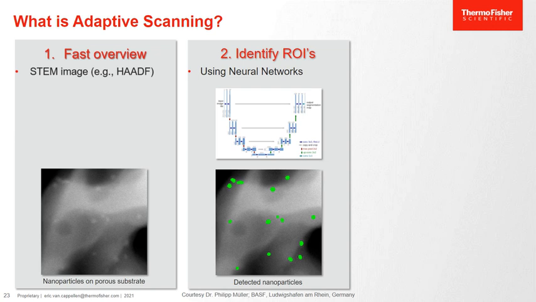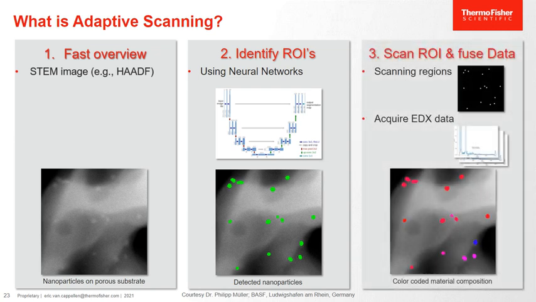Then EDX spectra are acquired just on the green pixels. So now you go back into your STEM image, the green pixels, you acquire data, and from those spectra, you can now colorize the atoms according to their composition.